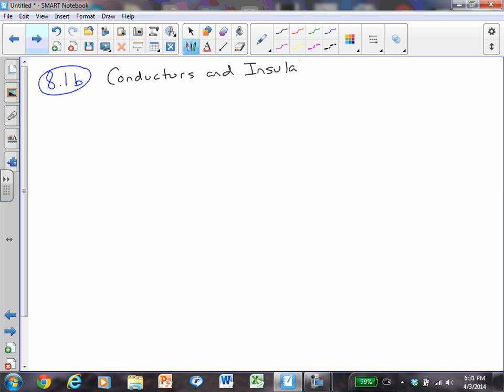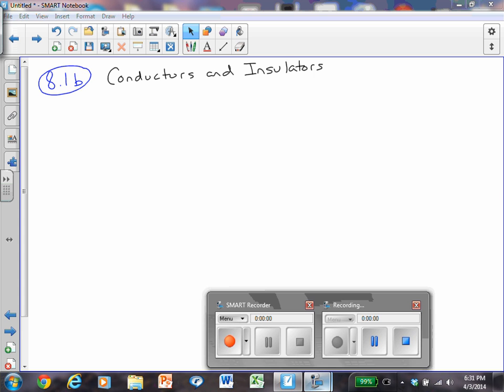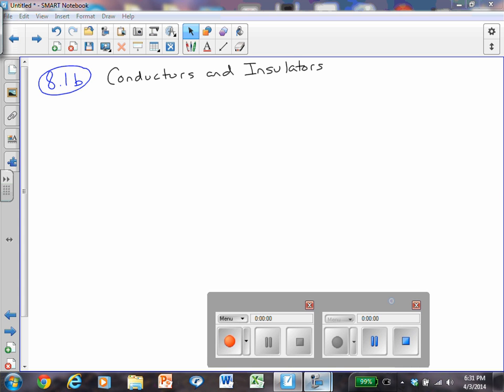And this has to do with the electrons floating about on the surface of things.